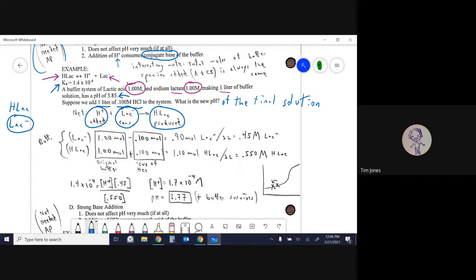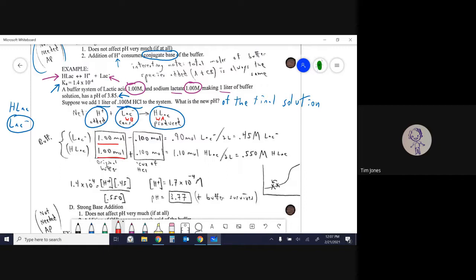So we're consuming the weak base, and we're producing the weak acid that's already in the buffer. And if we take a look at our numbers here, because it was 1 molarity of both lactic acid and lactate in 1 liter, I had 1 mole of each to start with.